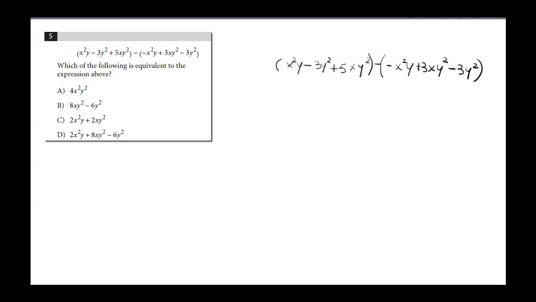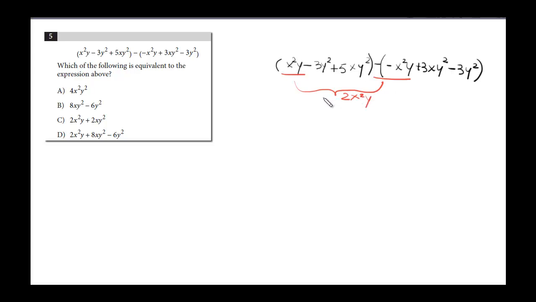So if we look at the like terms, we have x squared y minus x squared y. It means plus 2x squared y. So these two are 2x squared y.